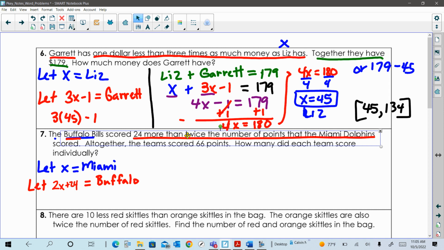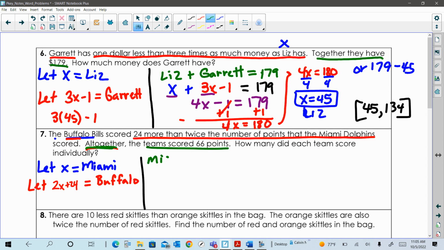All right, so the second sentence says altogether the teams scored 66 points. That means Miami's score plus Buffalo's score equals 66. So what's the equation we can set up here? Yeah, x plus 2x plus 24 equals 66. Okay, there we go.